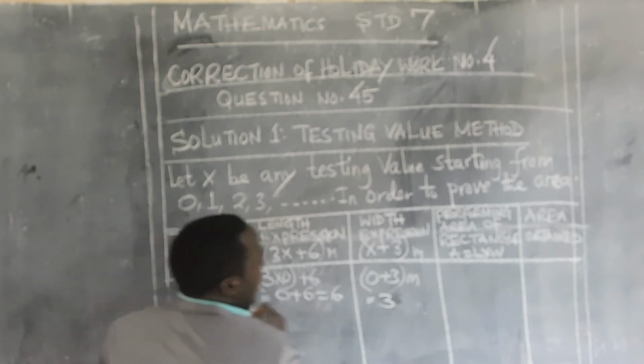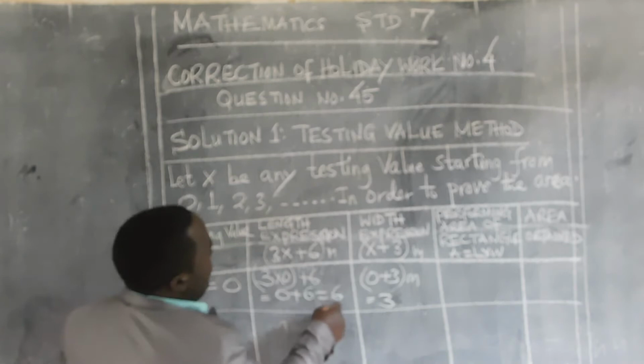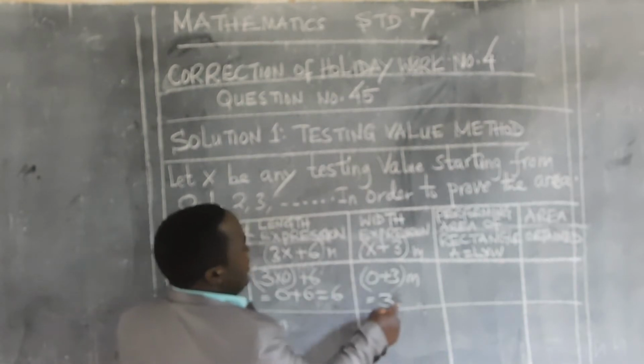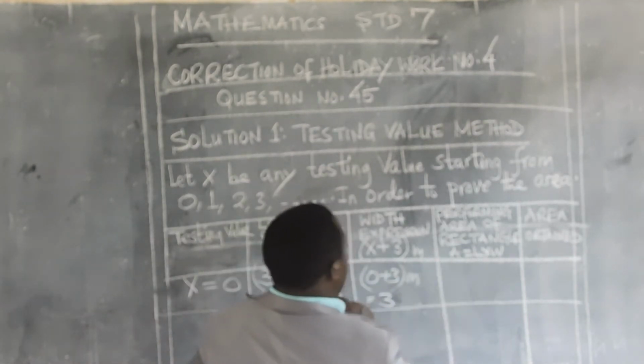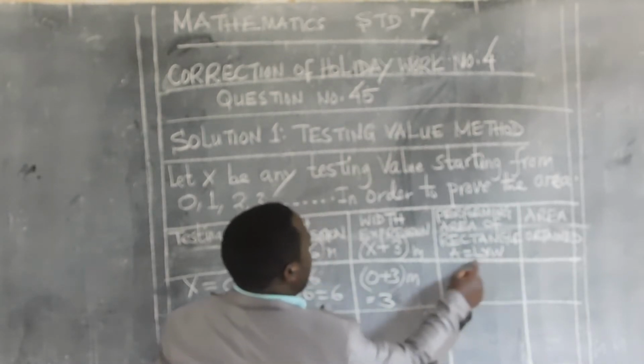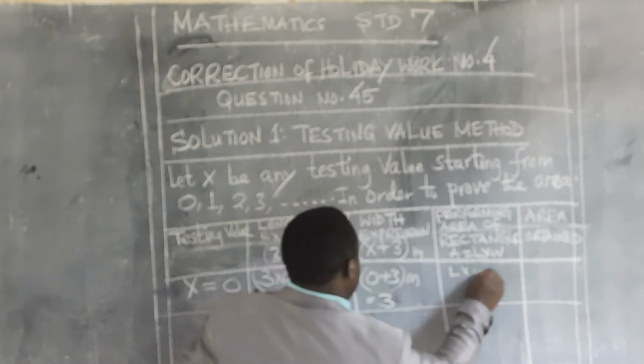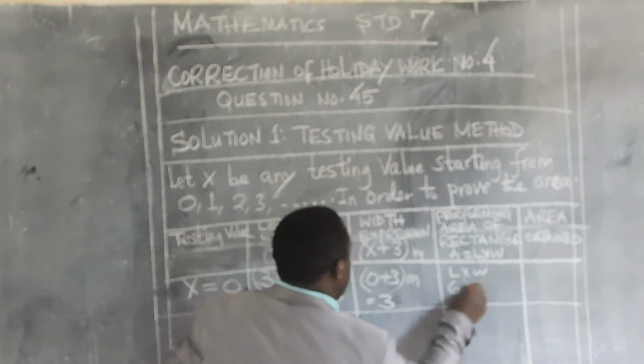So if x is 0, then the length is 6 and the width is 3. The area of the rectangle is length times width. The length is 6, the width is 3.